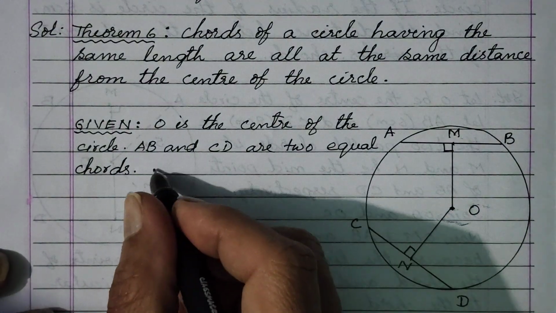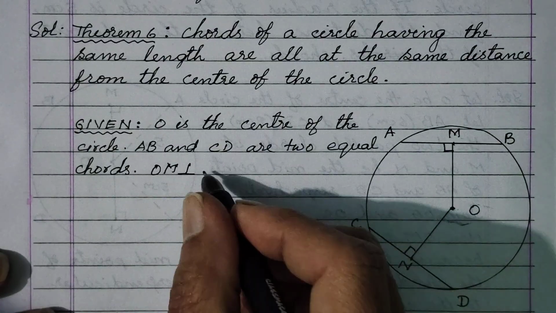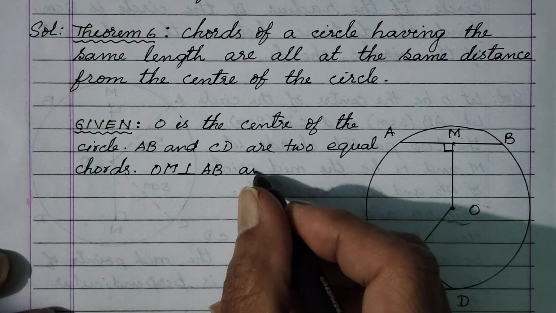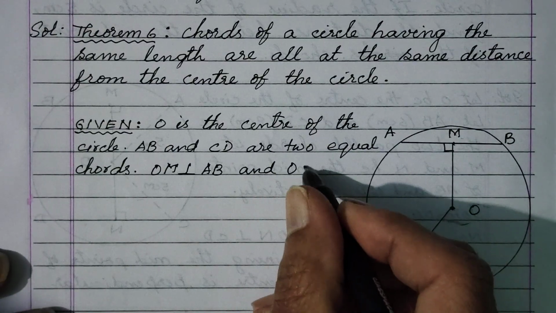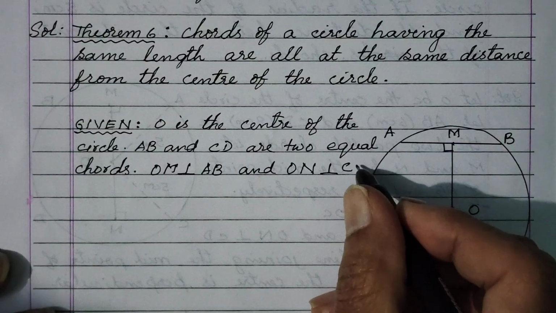And OM is perpendicular to AB and ON is perpendicular to CD.